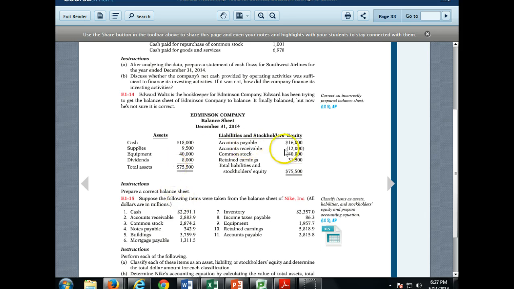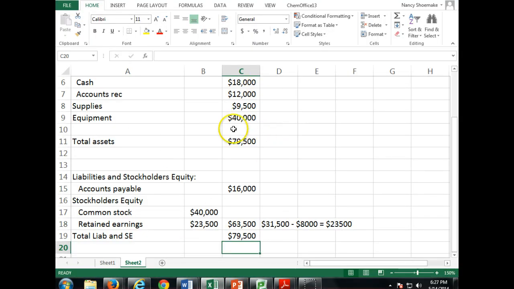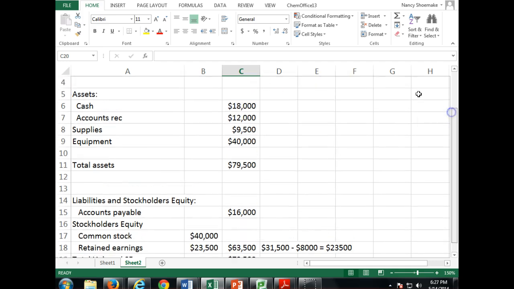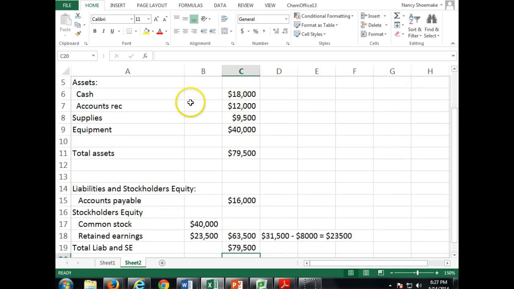Oh, that's the other thing he did wrong, guys. Look how he put the accounts receivable over here in the liability section, where a receivable is always an asset, isn't it? So he didn't add that receivable over here, and that dividend should have been over on the other side. So our true total assets are 79.5 by our cash, our receivable, our supplies, and our equipment.